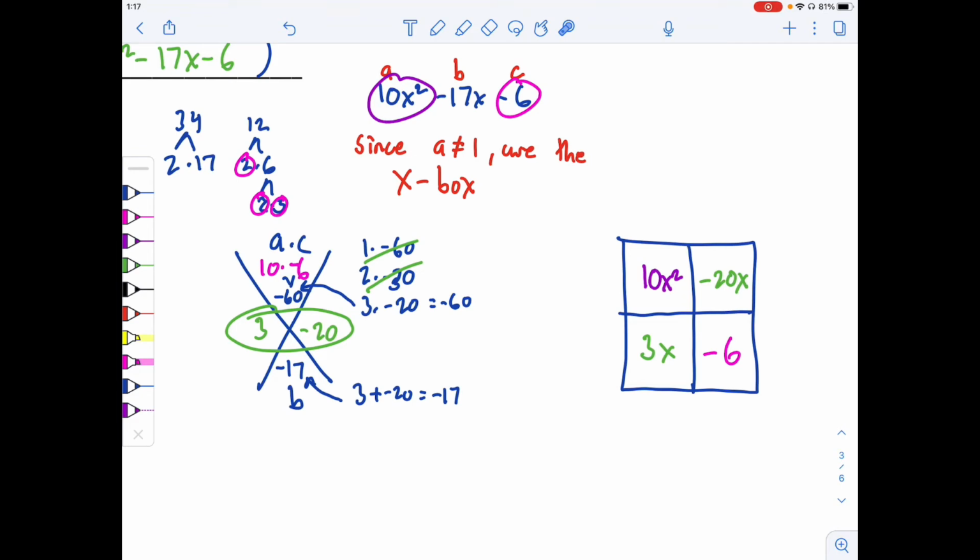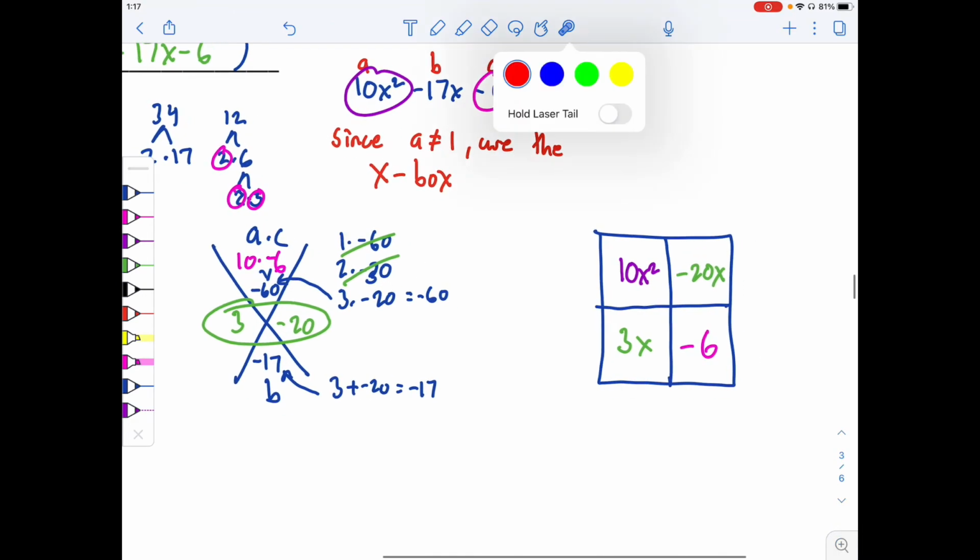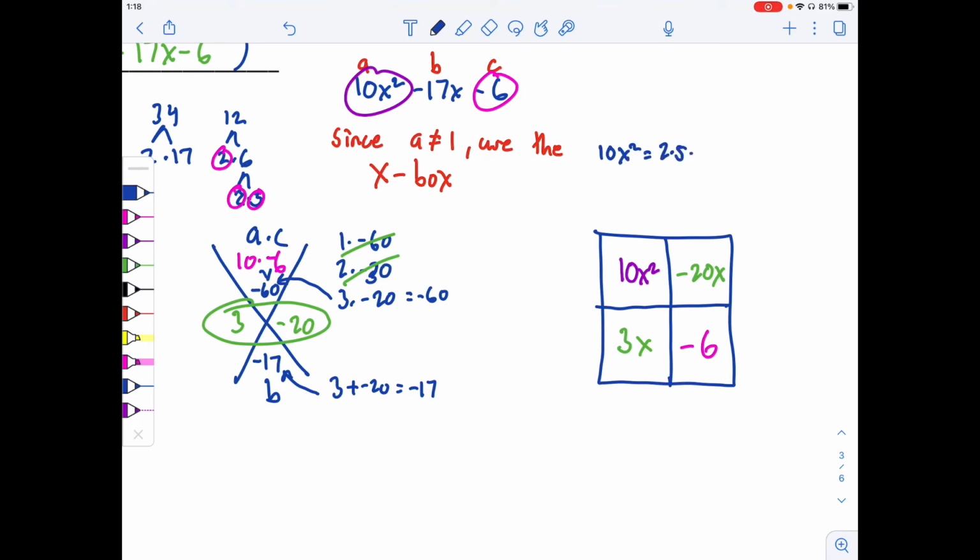Okay, so then we find our factors. What we can do is find a GCF of each row and each column. Let's figure this one right here. We have 10x squared and 3x, right? That's pretty straightforward. 10x squared is 2 times 5 times x times x. 3x is just 3 times x.